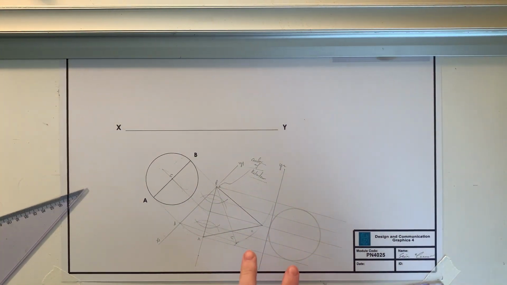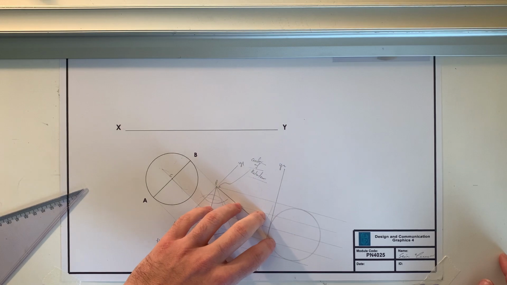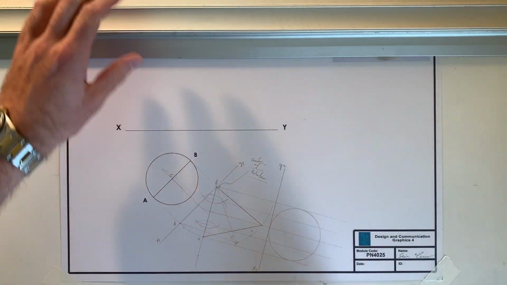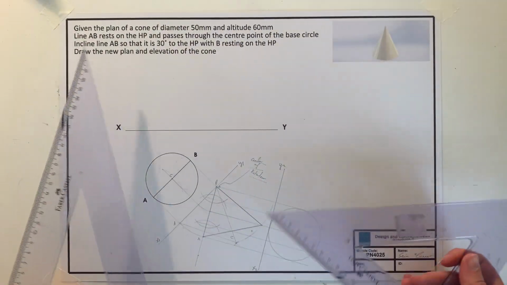And now also I have my divisions here, basically distances that I'll use later on above here in elevation when reconstructing this cone above here in elevation. Now to help me out with that, I'm also just going to divide this circle up using that central point.